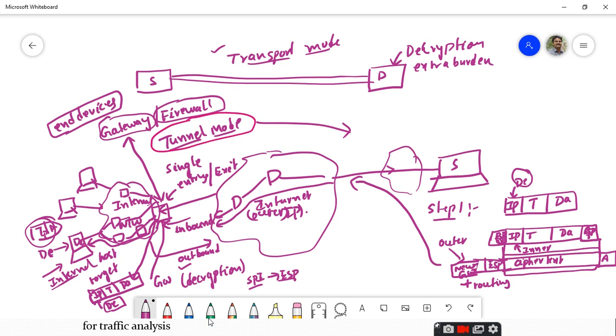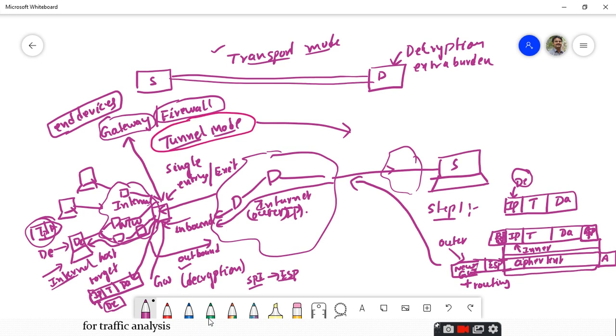Everything is done at the gateway, and you just transmit the inner packet with the inner IP address, the TCP header and the data via zero or more routers inside this internal network, and it will be delivered to the correct destination.